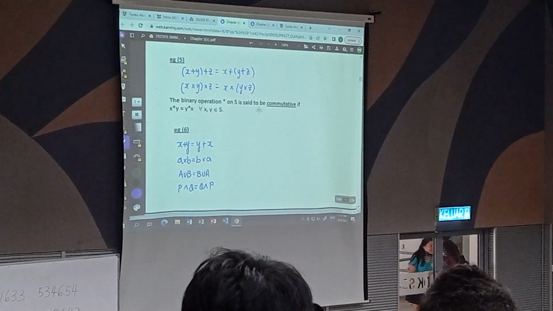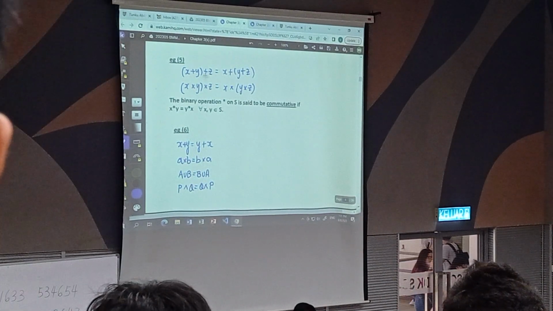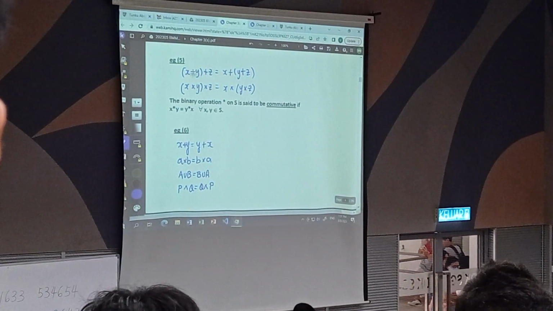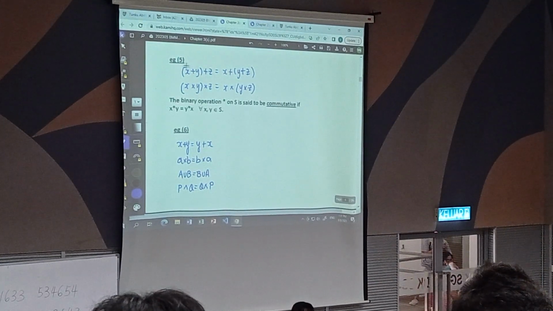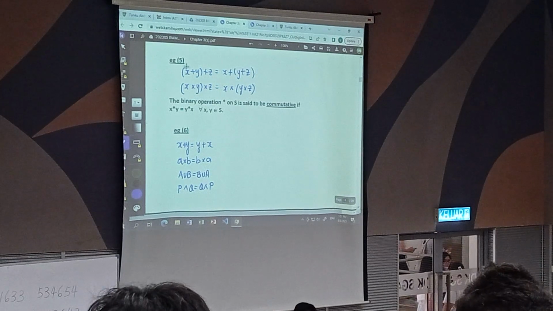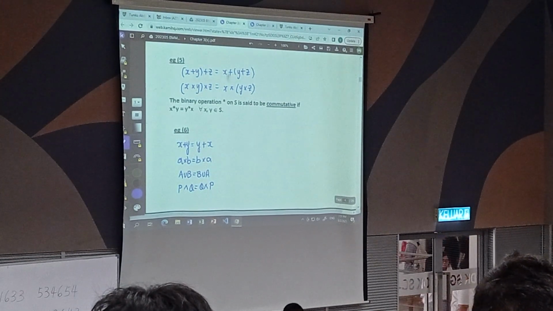If you do associative, you need 3 terms, x, y, z or x, y, y. As long as you have 3 terms, you need to show they give the same answer to show they are associative.